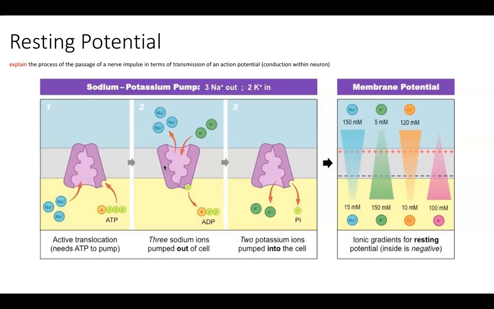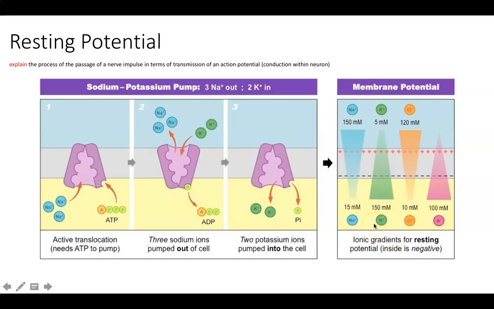And the way that this happens is because of the sodium-potassium pump. It's this pump that does active transport. What it does is it puts out 3 sodium ions for every 2 potassium ions, as you can see in this diagram. And what that's doing, it's building up this charge, and you can see that there's heaps of sodium outside and heaps of potassium inside.